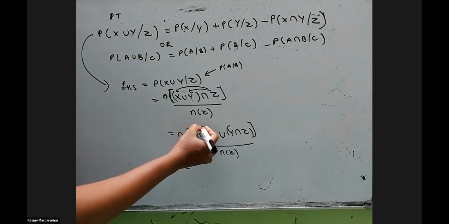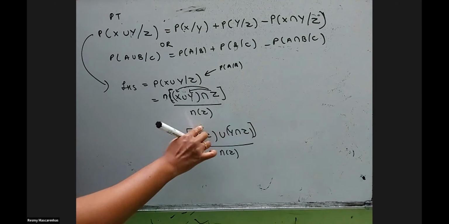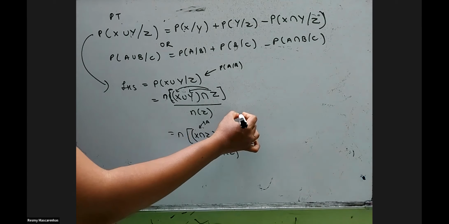Now I'll use this whole thing as A and this whole thing as B.